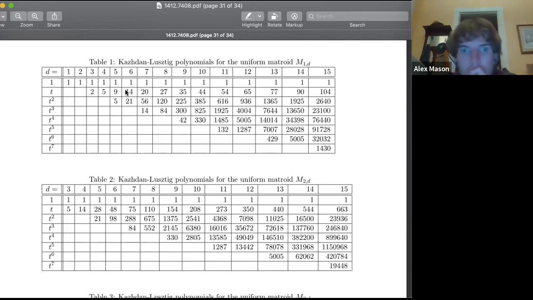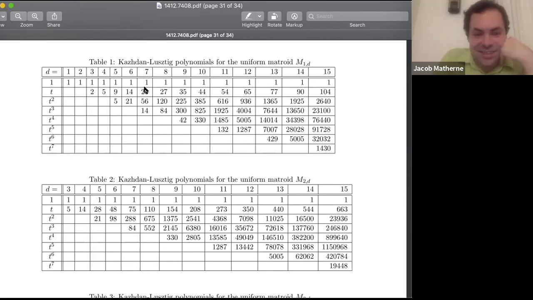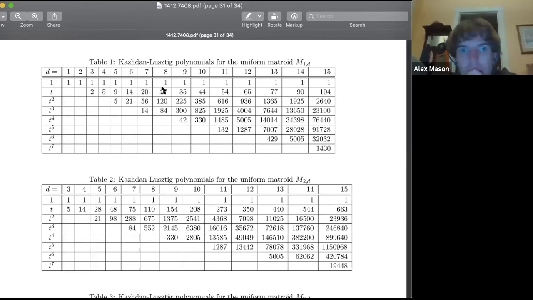Triangle numbers minus 1. So it's quadratic, and I'm guessing it's of degree n minus 1 in general.